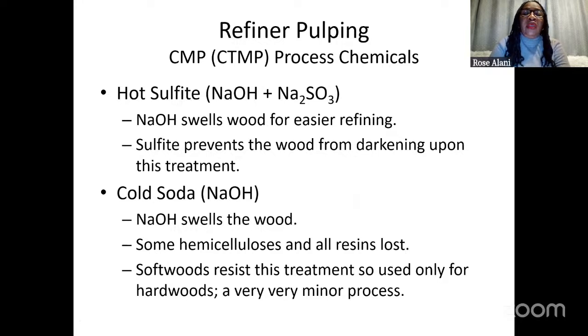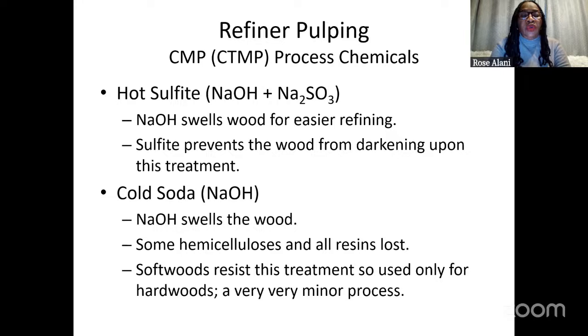So here the hot sulfite, which is a combination of sodium hydroxide and sodium sulfite, is added together and you get the hot sulfite. So this is what you use in soaking the wood. The sulfite prevents the wood from darkening upon treatment.